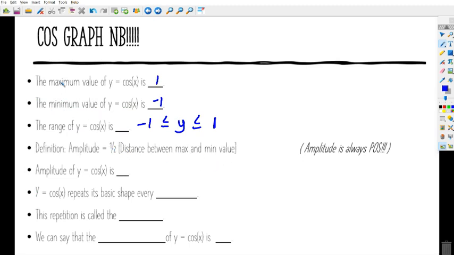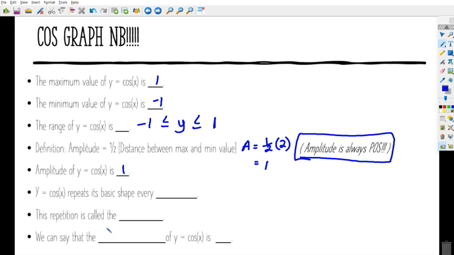What's the distance between -1 and 1? It's 2, right? So my amplitude is half of 2, which is 1. Remember, amplitude is always, always, always positive. So my amplitude there is 1.